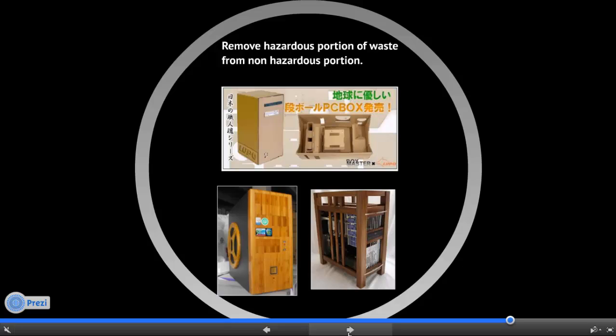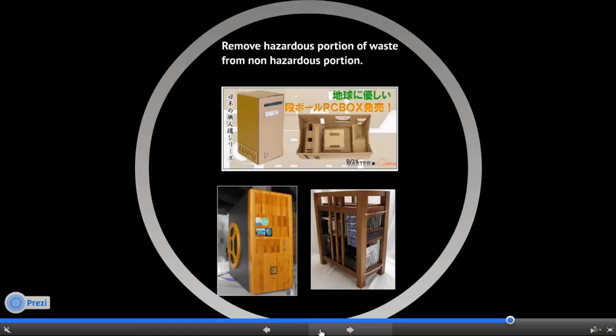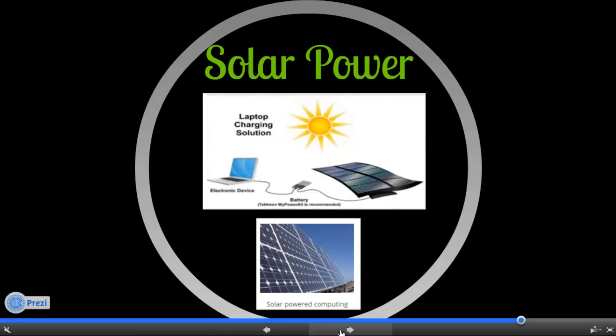Instead of using that, if the CPU case is damaged or something happens, then we can dispose of it. Hazardous: so many parts inside the computer are made with chemicals, such as lead, copper, etc. So don't use hazardous portions, and try to recycle or replace the hazardous portion with a non-hazardous portion.